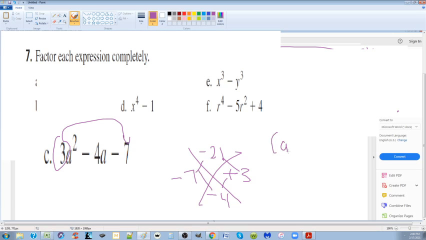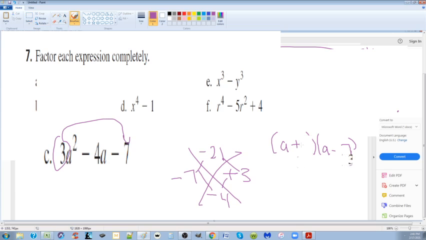You can do the slip and slide method. Plus 3, a minus 7, and then you've got to take this 3 and divide both of them by it. And obviously this becomes plus 1, but always verify afterwards.